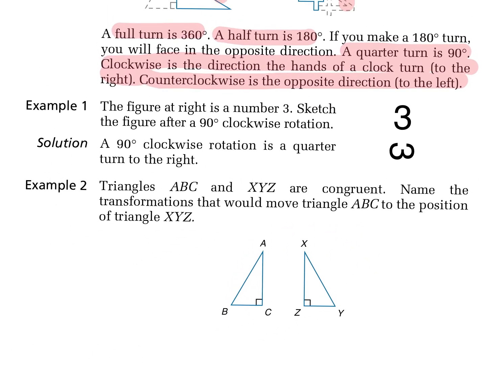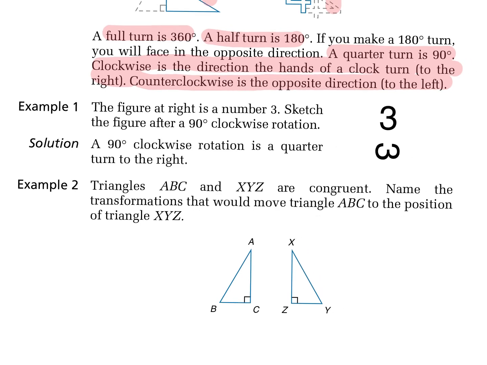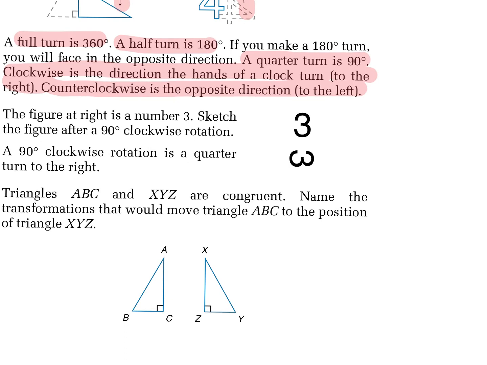The figure to the right is the number 3. Sketch the figure after a 90-degree clockwise rotation. So 90 degrees, we are going a quarter. I'm going to draw a circle in quarters. So this is one quarter. Red would be another quarter. Blue would be a quarter. And then green would be a quarter.